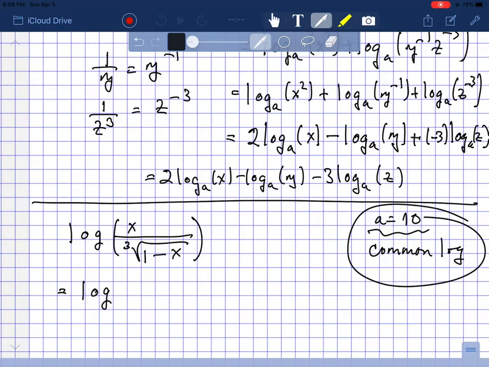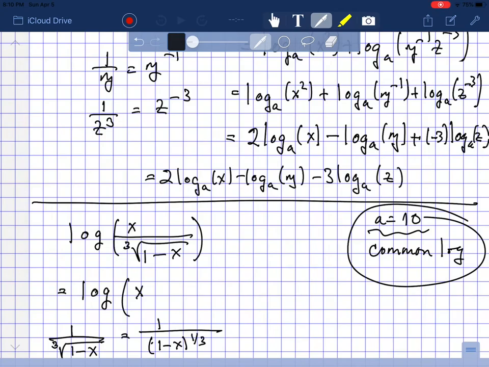Now, okay, so what can I do? I can write this as the log, and again, base 10, but that's understood, of x times, now what is? So let's think about this. What is 1 divided by the cube root of 1 minus x? How can I write that in terms of exponents?